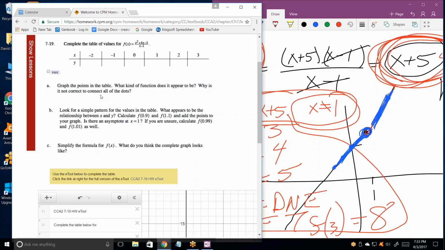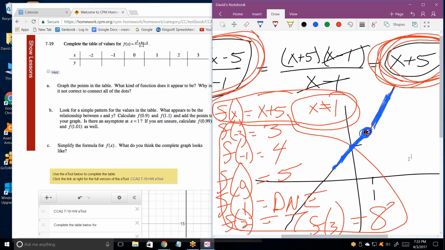What is f of 0.9? 5.9. Good. What is f of 1.1? 6.1.